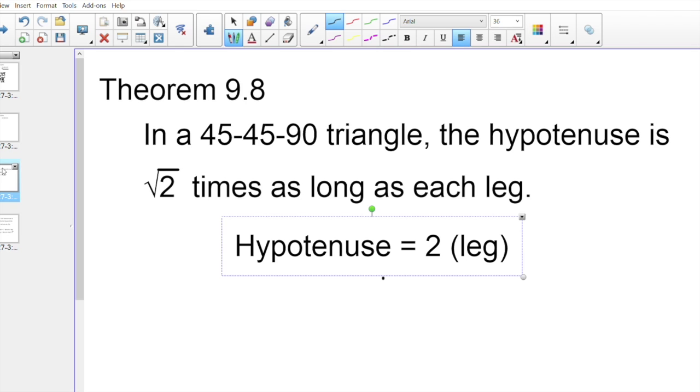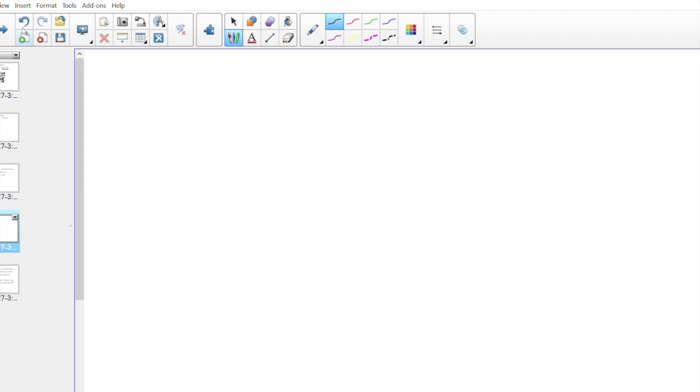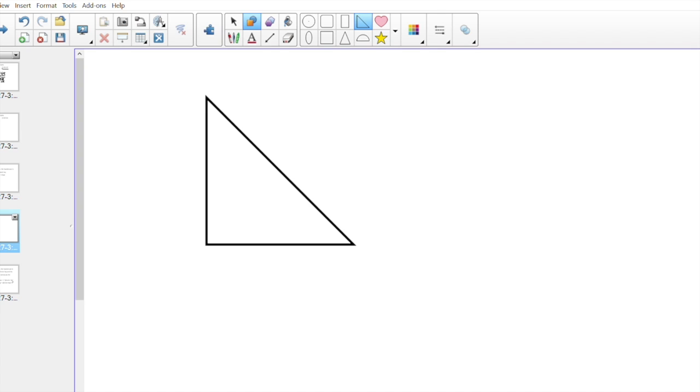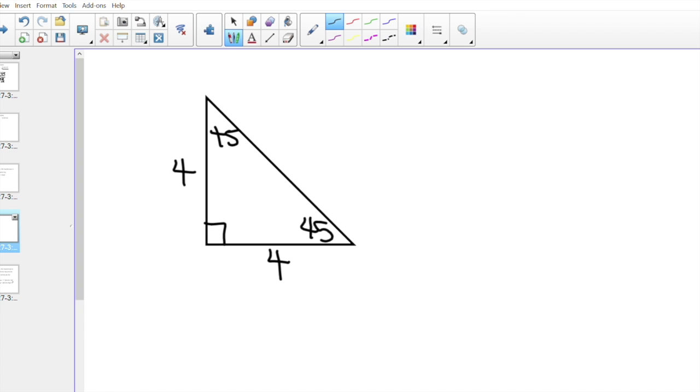Now, what we're going to do is take a 45-degree triangle. Now this isn't exactly a 45, 45, 90-degree triangle, but when I put these as 45, I would like for you to consider that that's what they are. So let's say that the legs are 4. Then what would be the length of the hypotenuse?